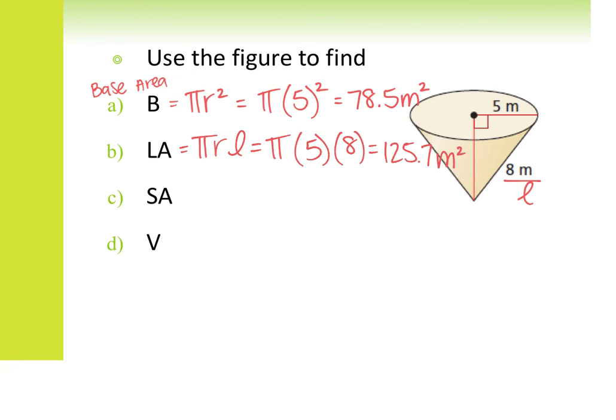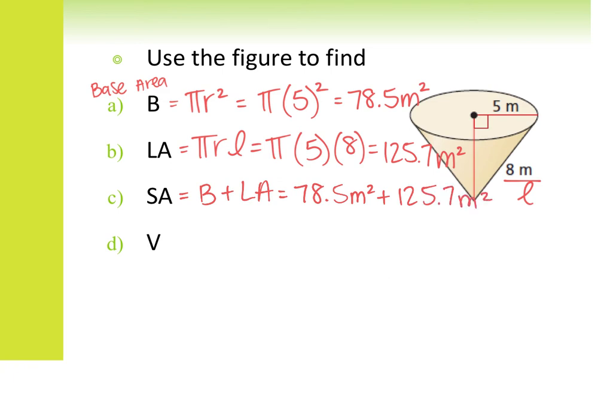Okay, now remember, surface area, right? It has a huge formula, right? What do I do with those two to find the actual surface area? Christian? You add them together. So surface area is the same as the area of the base plus the lateral area. So it's going to be 78.5 meters squared plus 125.7 meters squared.